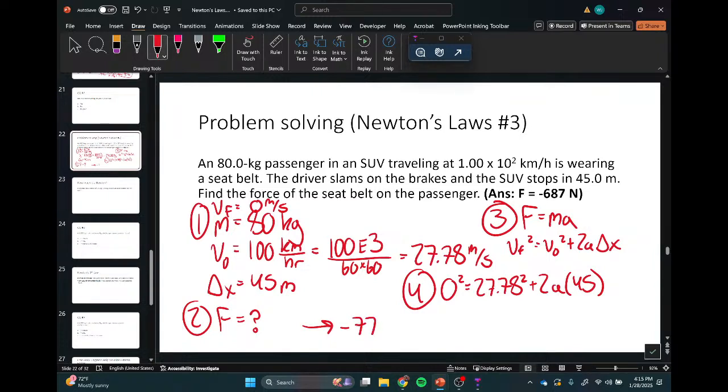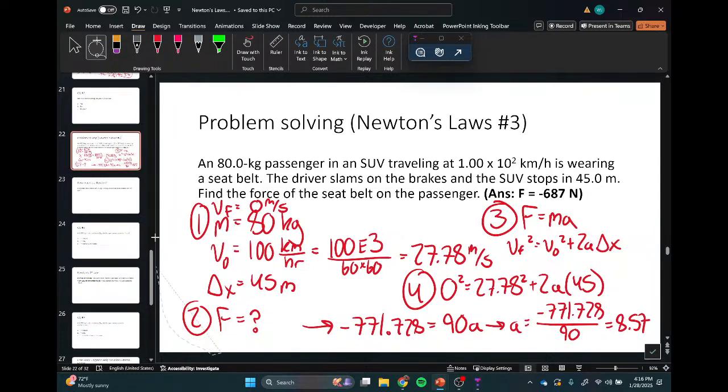We're going to subtract that to the other side. For the sake of space, I'm doing 3 algebra steps in one go. I squared it, I subtracted it over. And then the acceleration is going to be negative 771.728 divided by 90. We get an acceleration of 8.57. Pretty reasonable acceleration. It's a little bit less than 1g.